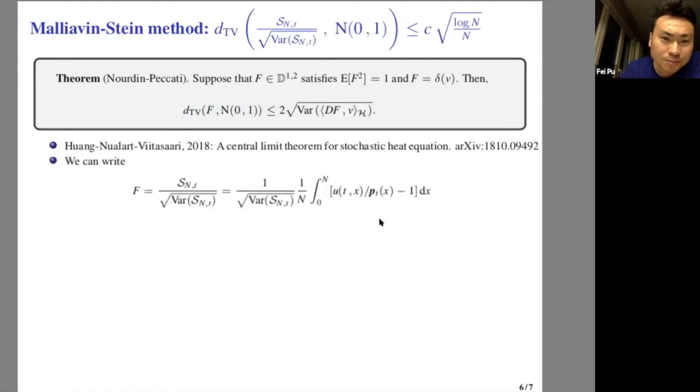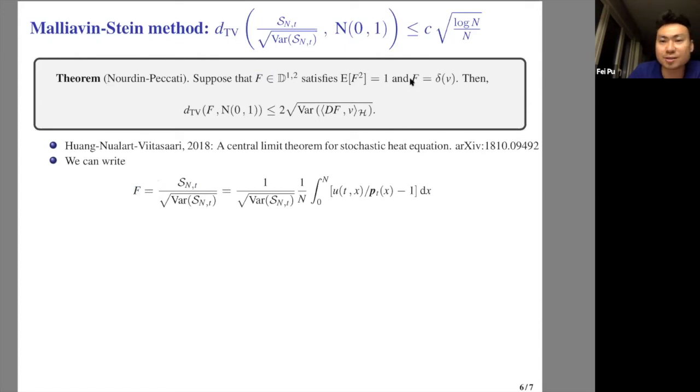All right, now let me show you how to apply this inequality. First of all, we choose F as this normalization, S_{n,t} over the square root of the variance of S_{n,t}. So this is our candidate for F. Of course, the second moment of F is equal to 1, and we can prove that F is Malliavin differentiable.